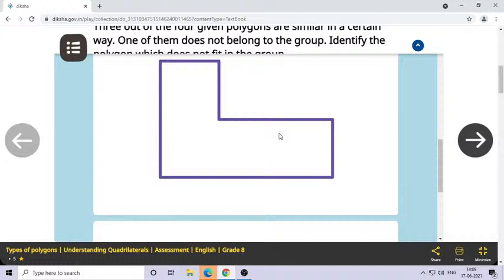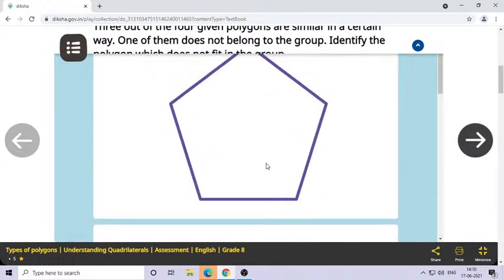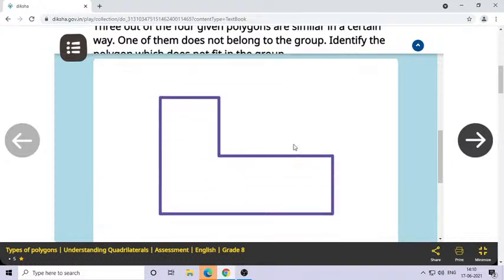Very good, Varsha has given the answer, because it is concave. See, all these figures are convex figures, whereas the third one is a concave figure. Okay.